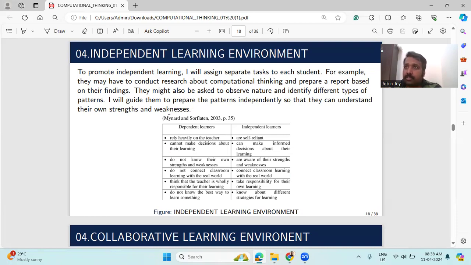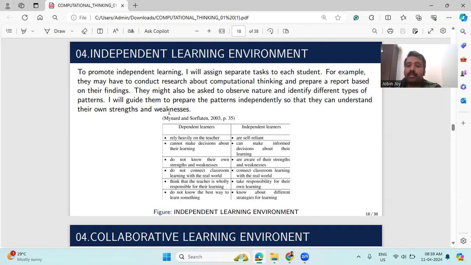No, it is your duty. It is the duty of the students to learn the concept independently. The teacher is just a facilitator or a mentor to guide you and give an idea about the concept. It is your duty to get involved more and learn the concept independently. So independent learners are taking responsibility for their own learning.